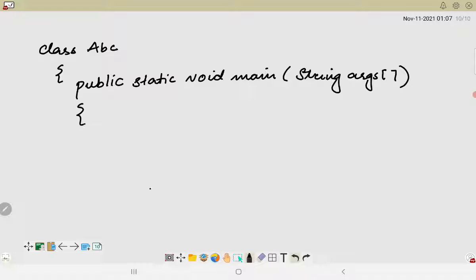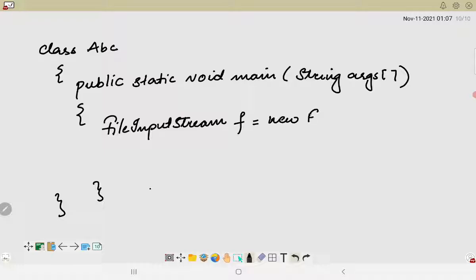Inside the body of this class, I will create an object of the FileInputStream class, let's say f is equal to new FileInputStream, and within this I am trying to read a file known as abc.txt. So this is file handling, creating a file object.